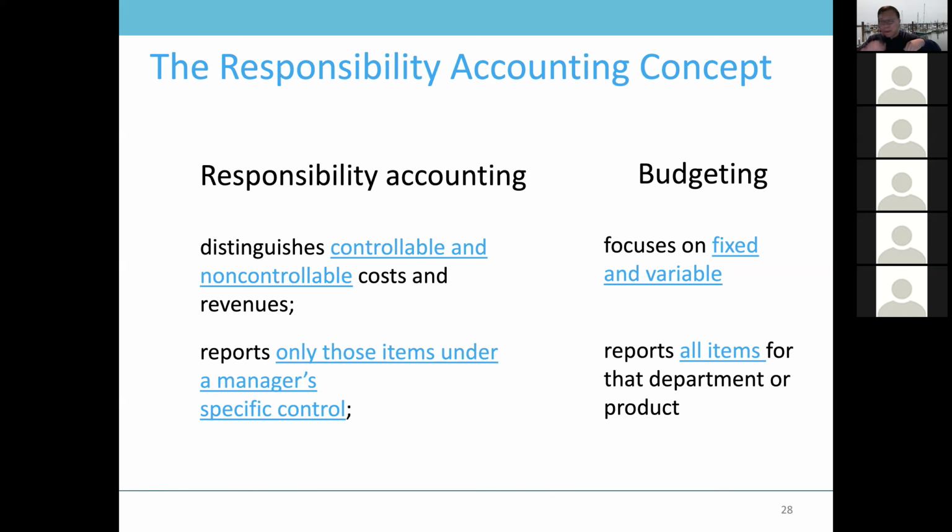For responsibility accounting, they only report the items under the manager's control. If it's beyond his control, it's not relevant. But for budgeting, they report all the items.